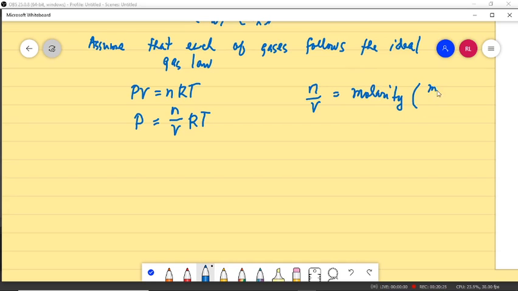With a unit of mole per liter. So the concentration of a gas in mole per liter is equal to n over V.